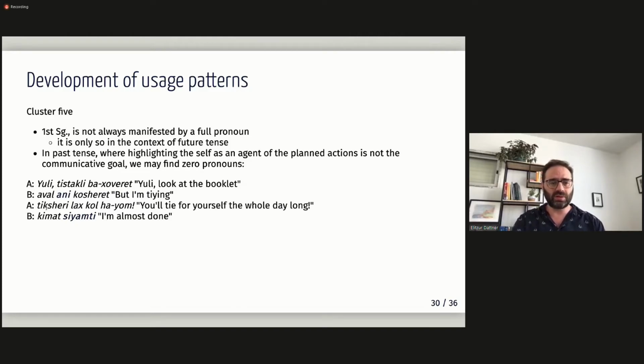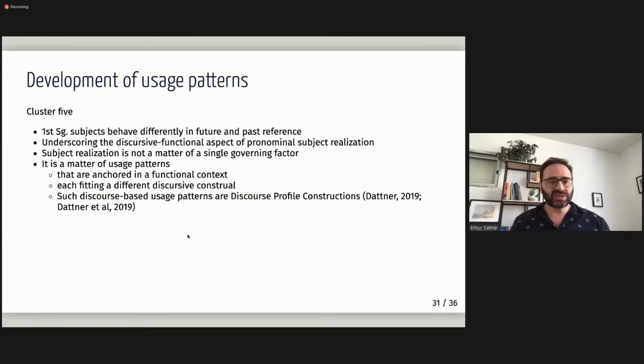In the 2 lines at the bottom, "תקשרי לך כל היום", you'll tire yourself all day long. And B says, "כמעט סיימת", I'm almost done. So first person singular in the past with a zero pronoun. First person singular subjects behave differently in future and past reference, underscoring the discursive functional aspects of pronominal subjectualization.